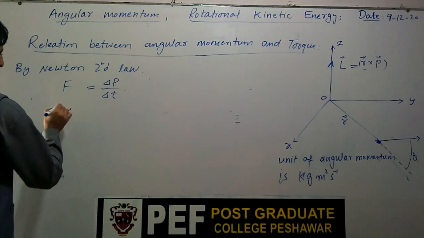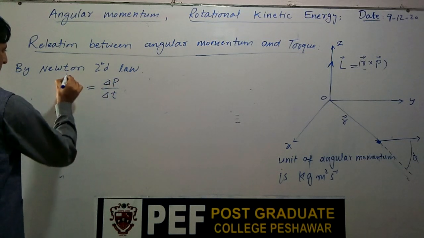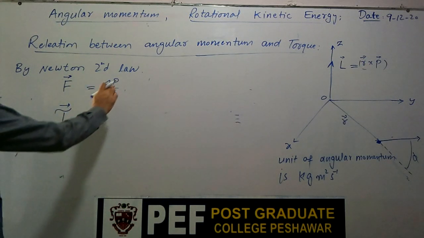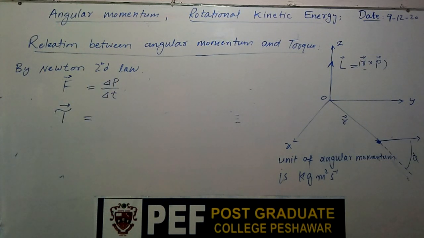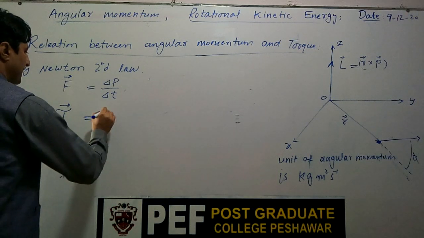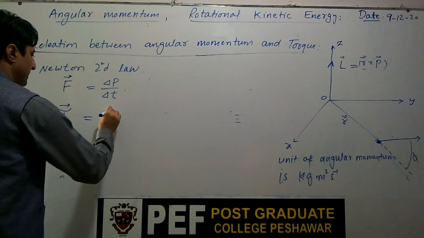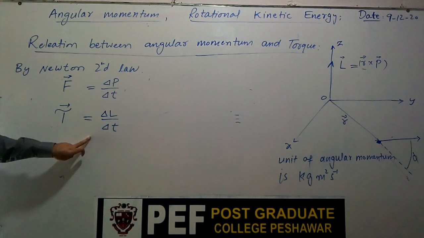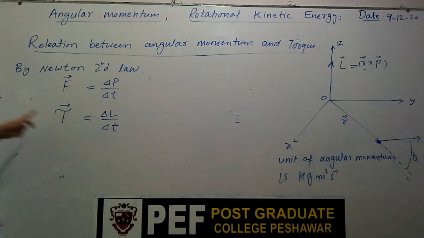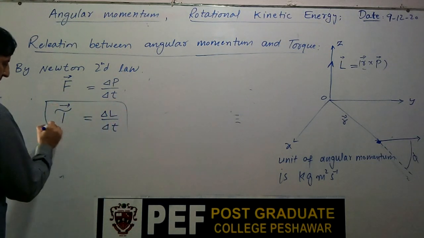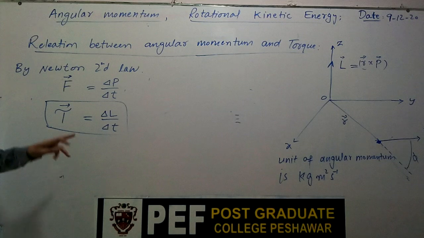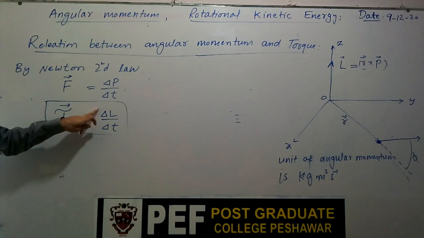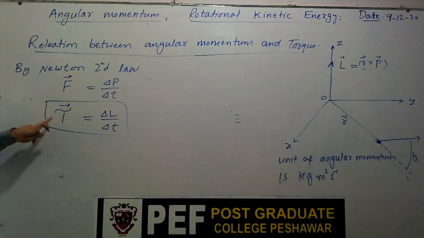Torque is an angular force. In linear motion, momentum is represented by P. However, in angular motion, it is represented by L. So, delta L divided by delta t. So, this is the relationship between angular momentum and torque. From this equation, we can also define torque as the rate of change of angular momentum. Rate of change of angular momentum is equal to torque.